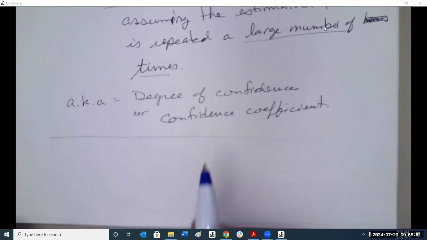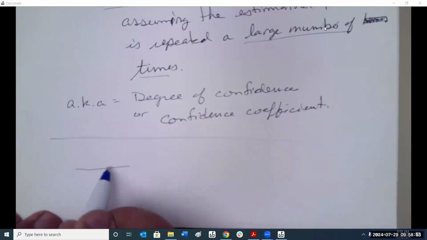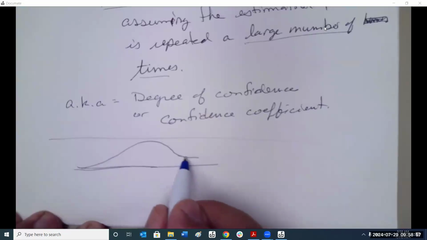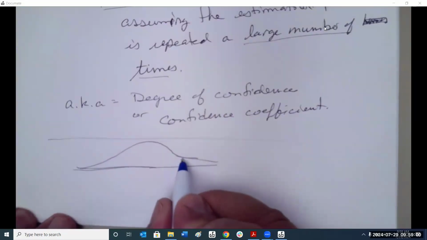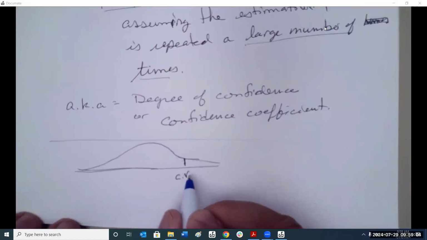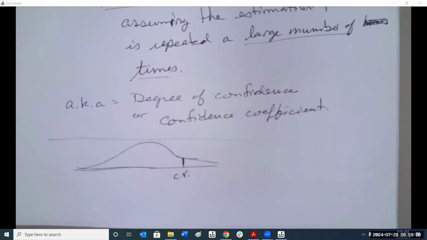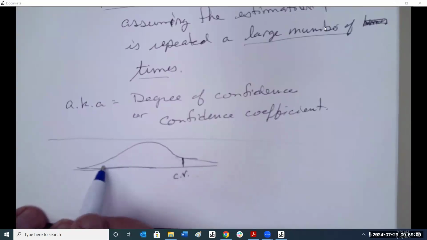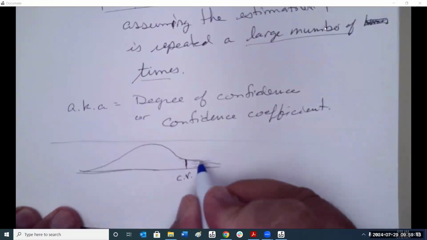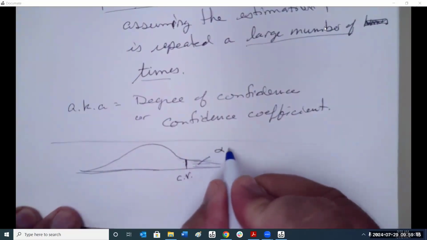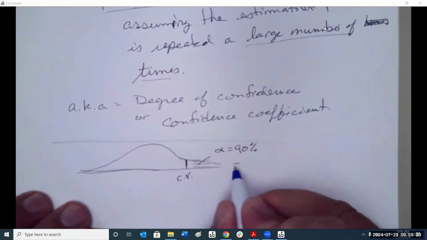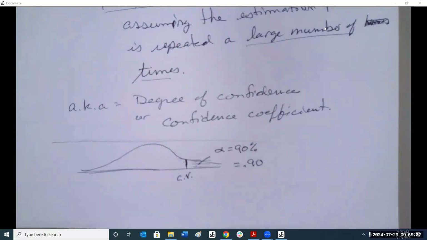Because when we look at this thing, we have a bell curve. Let's say our critical value is here. This is what usually happens, and this is what we're looking for. So let's just say we have an alpha of 90%. That's 0.90.